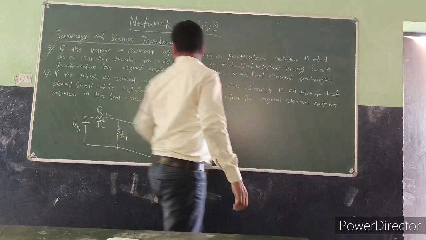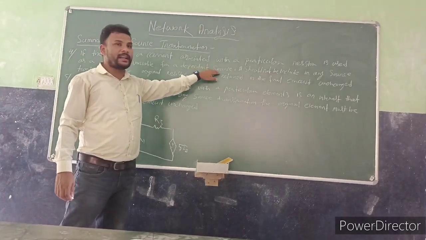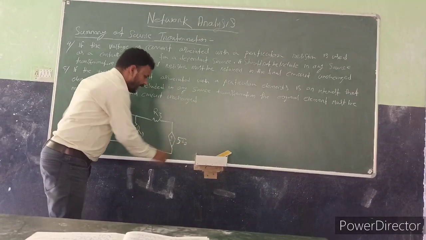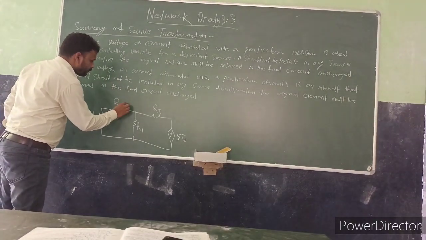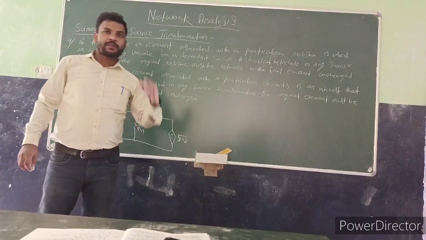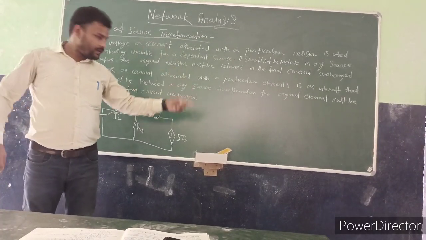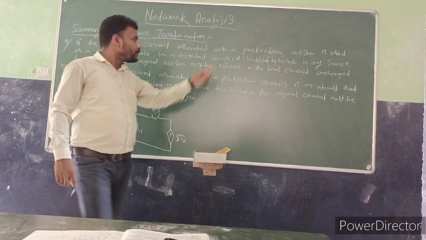A particular resistor is used as a controlling variable for the dependent sources. Here the dependent source is 5 I2, and this resistor R2 is used as the controlling resistor for this 5 I2 dependent source.